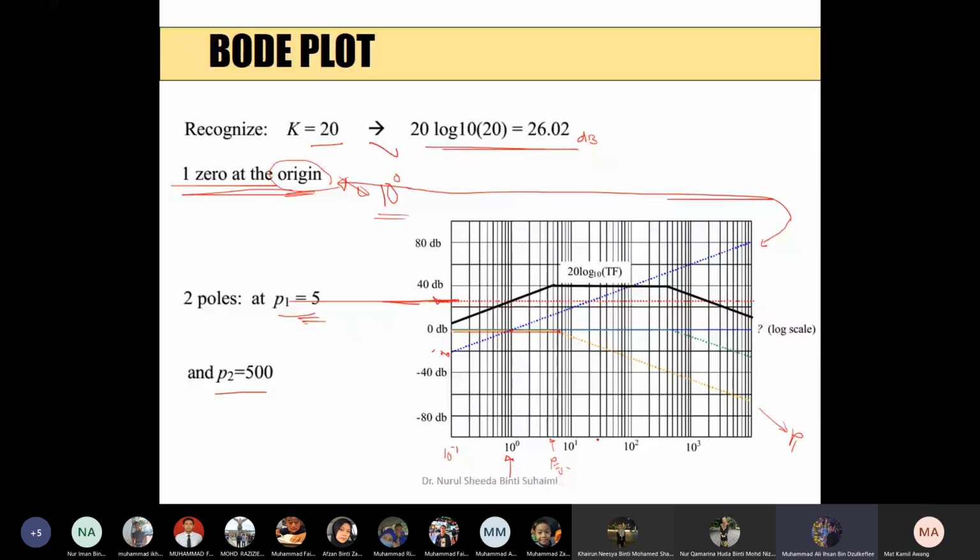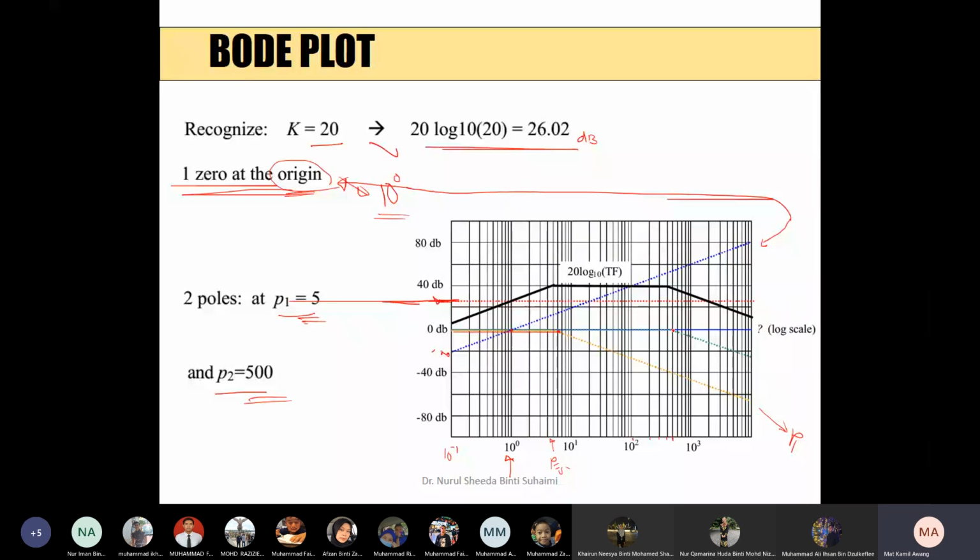And the fourth curve is contributed by P2 at 500. Basically this is 10, this is 100. So if this is 100, then this is 200, 300, 400, and 500. It breaks here.